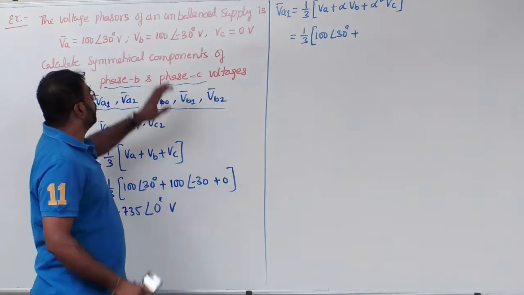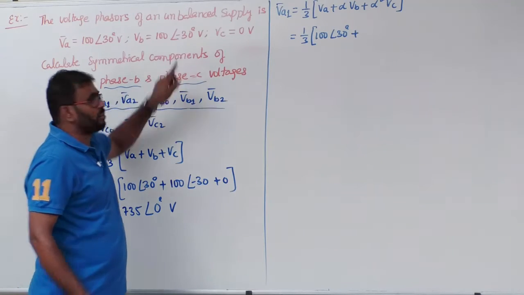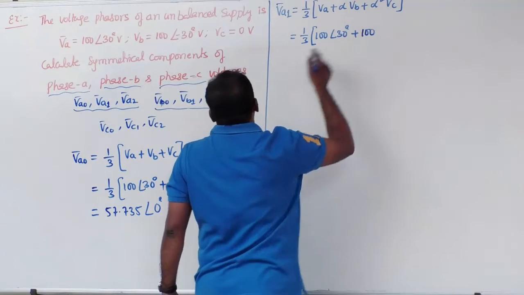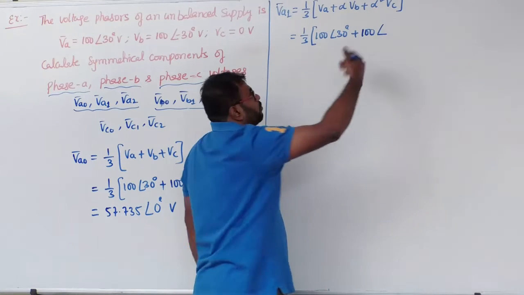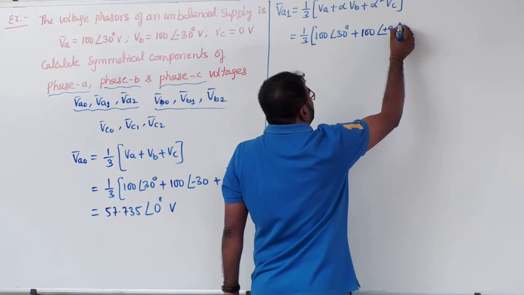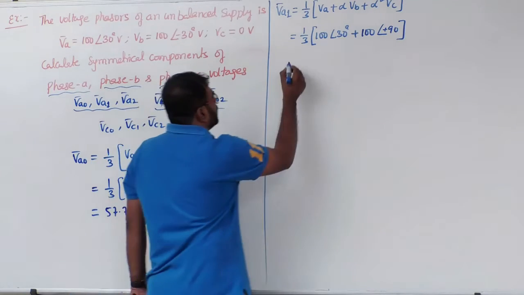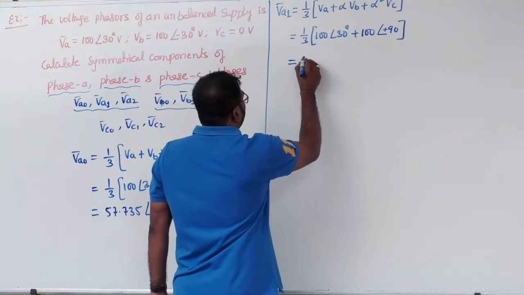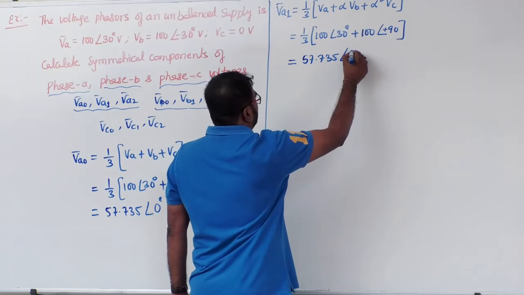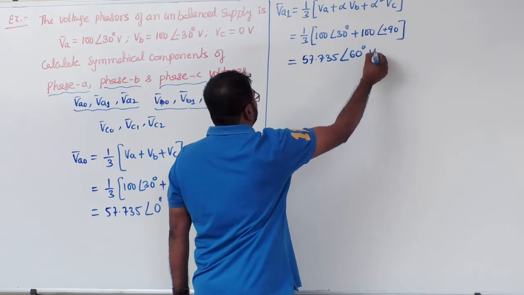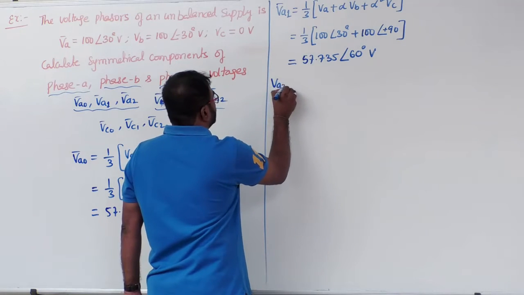So 1 at an angle 120 into 100 at an angle minus 30: magnitude is 100 only, phase angle is minus 30 plus 120, which is plus 90. Anyway, that VC term is 0, you don't need to worry about that. So if I solve this, we get 57.735 at an angle 60 degrees volts. That's VA1.